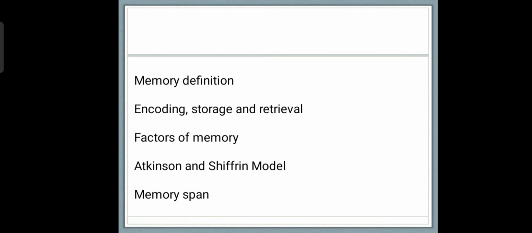Encoding is like when the information is encoded in the brain. Why do we use the term encoding? Coding is using code forms. Like right now we are speaking in English and you are understanding in English only.